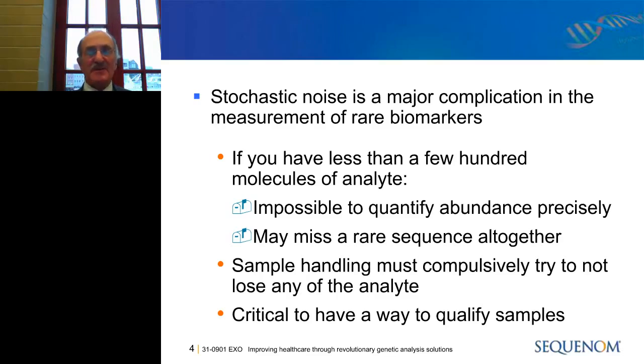And if I use a range of 3 standard deviations for significance, that's plus or minus 30, which means I have almost no ability to quantify. If I have 5 molecules or 10 molecules, obviously I can't quantify, and I might miss a sequence altogether, so-called allele dropout. Okay? So this is a fundamental problem, and we need to solve this problem to work with cell-free DNA in plasma.